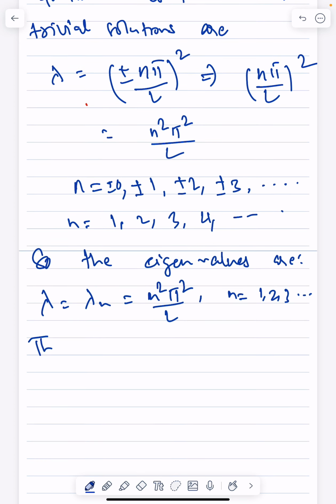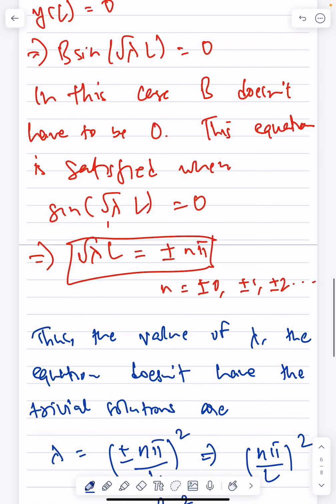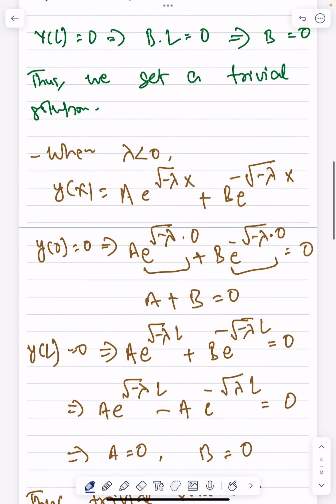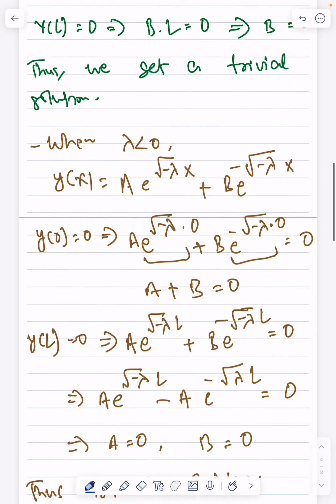The corresponding eigenfunctions associated with the eigenvalues are, again we go back up here, this is a solution. We calculated a to be 0, and b sine square root of lambda x, that's our solution.